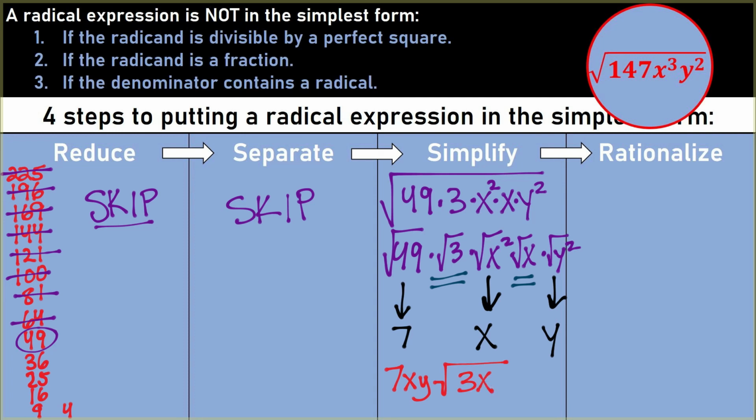So now if we go back to the top, there's no perfect square that goes into 3, so we don't have to worry about rule number 1. And it's not a fraction, so we don't have to worry about rule number 2 or rule number 3. So now we know that 7xy root 3x is a radical expression in the simplest form.